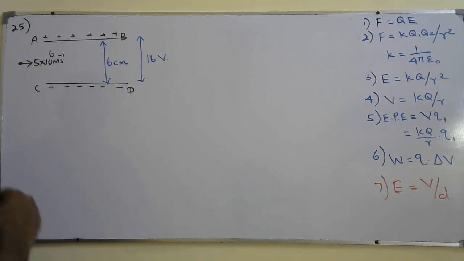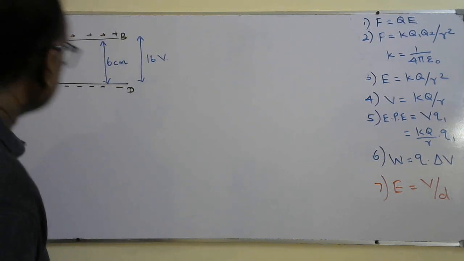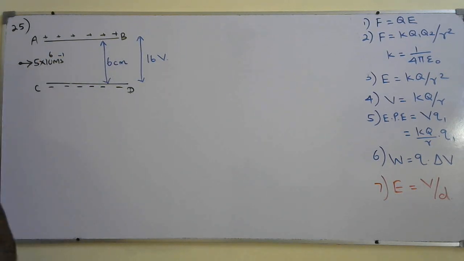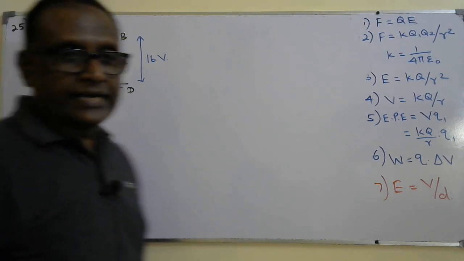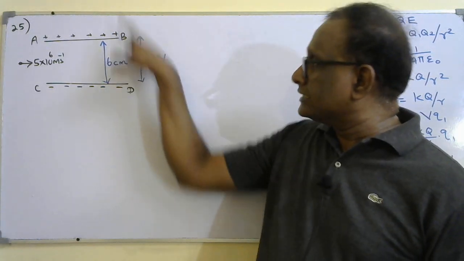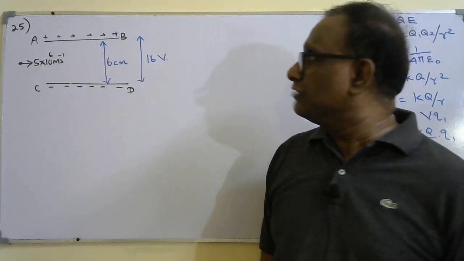This type of question appeared several times in past papers. Oppositely charged parallel plates are kept 6 centimeter apart, and the potential difference across the plates is 16 volt.